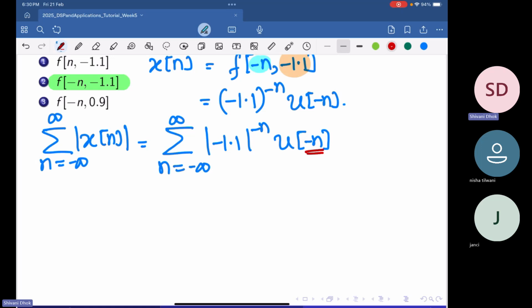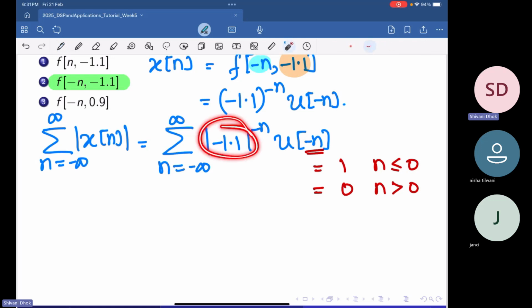That is, u of minus n is equal to 1 for n less than or equal to 0, and equal to 0 for n greater than 0. So this is just the flipped version of our unit step function. So the limits now become minus infinity to 0, and since we have a mod sign here, we just keep the magnitude.